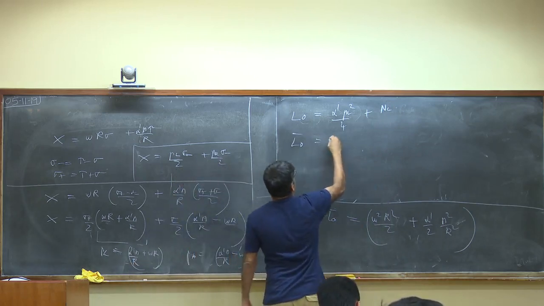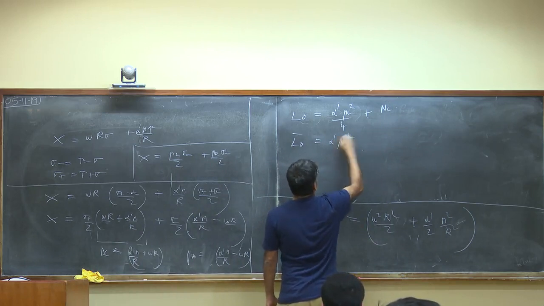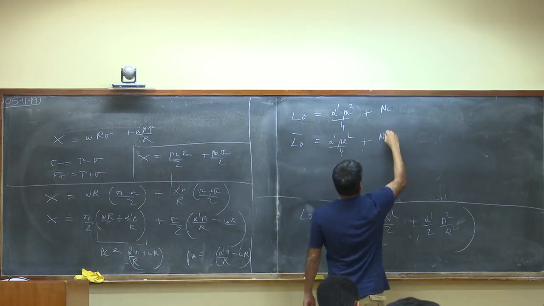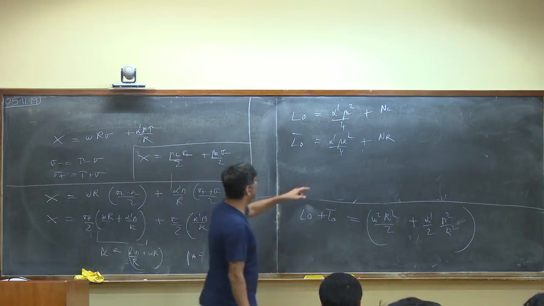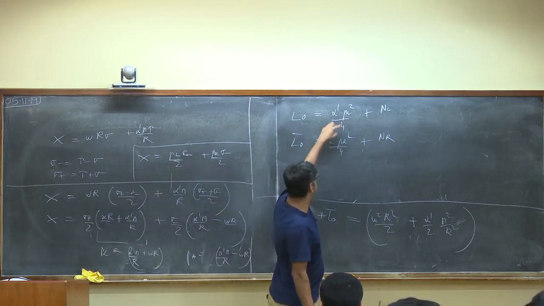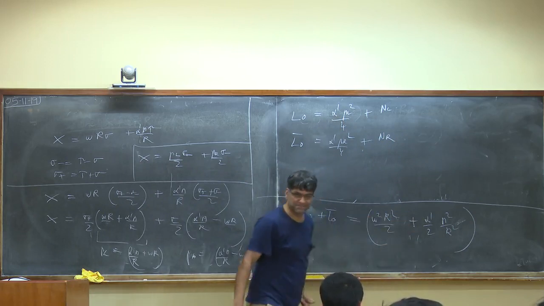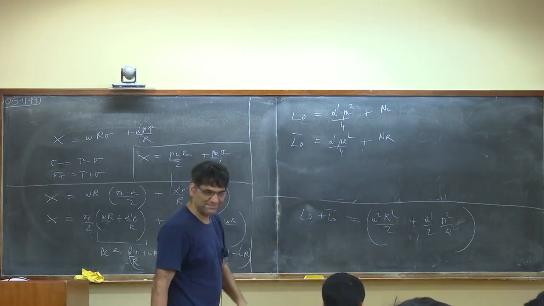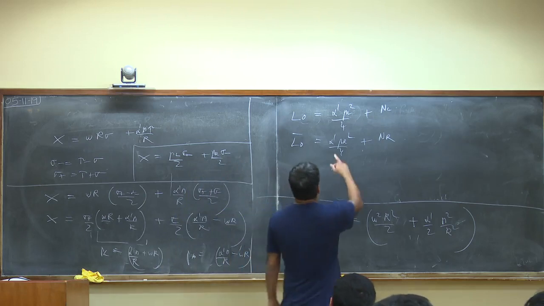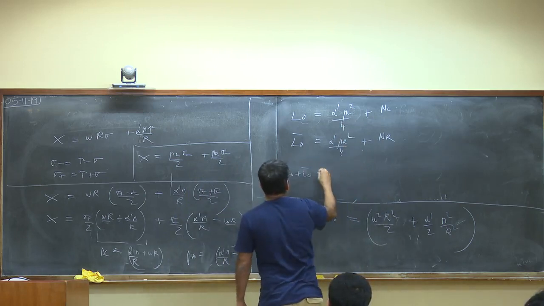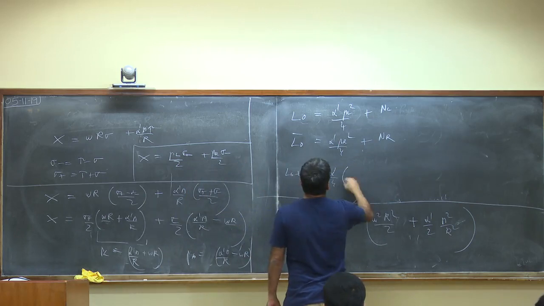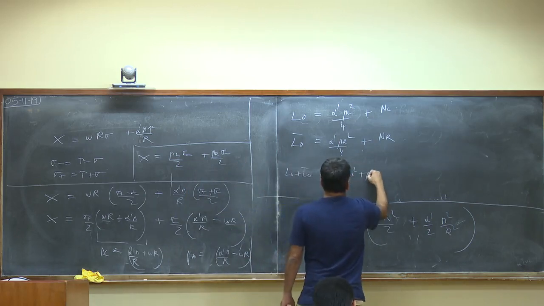And L0 bar is equal to alpha prime p_R squared by 4 plus N_R. Now let's check this by checking that with all these conventions, if we add these up, we get this. So L0 plus L0 bar is equal to alpha prime by 4 into p_L squared plus p_R squared.